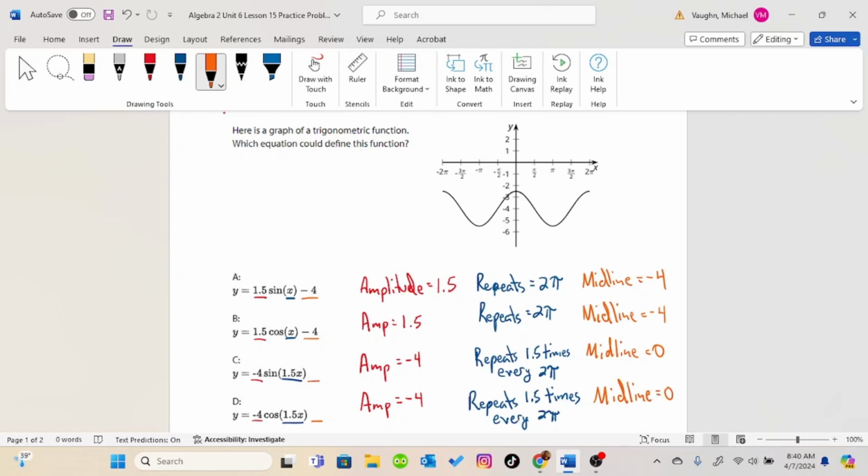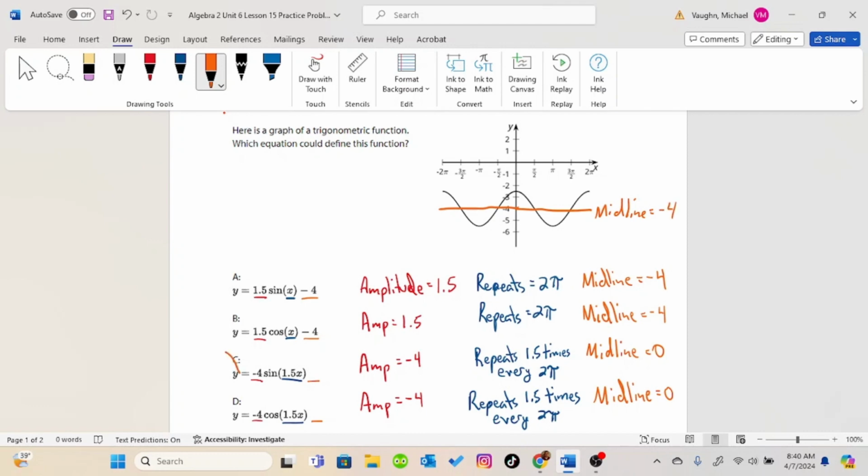So now we need to look at the graph that we have and see which one of these matches. So first off, I can see my midline. My midline is -4.